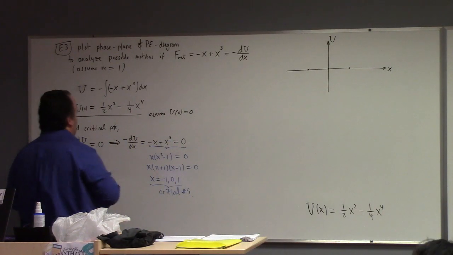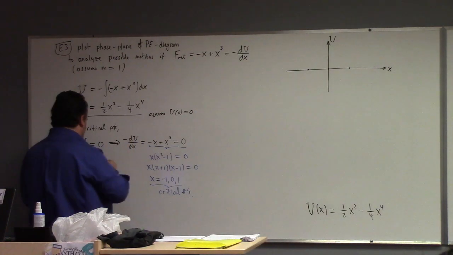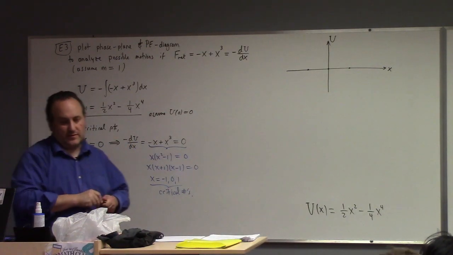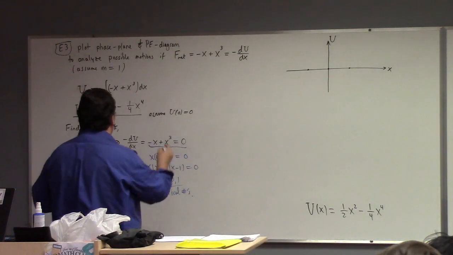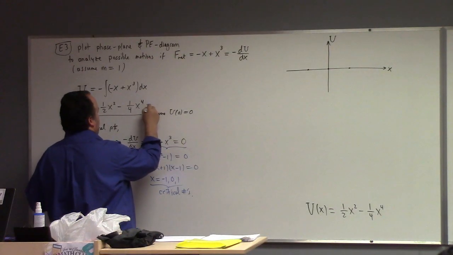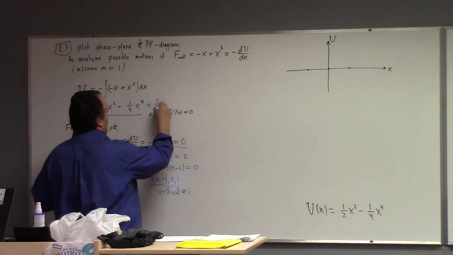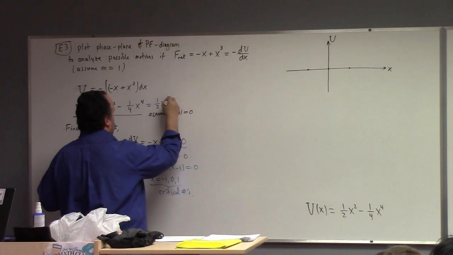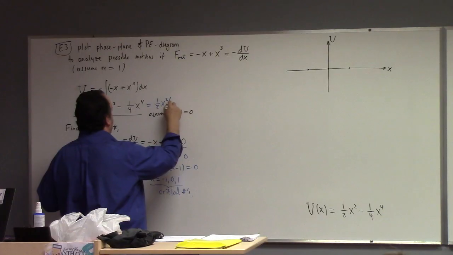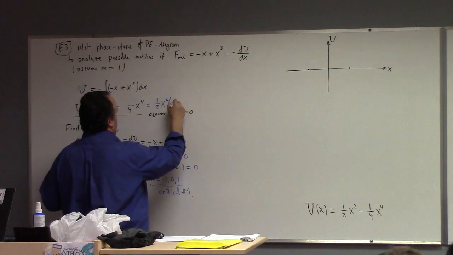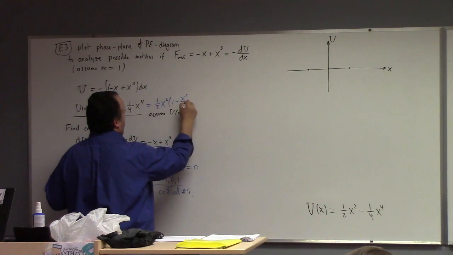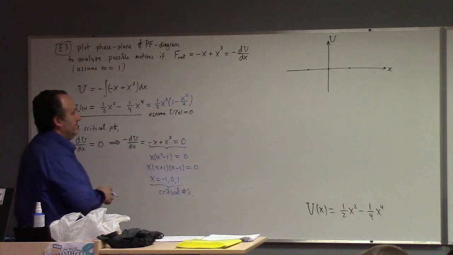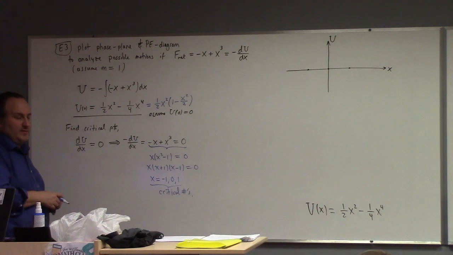For graphing u, though, it's also helpful to notice what u looks like. What is u? I can factor out a half here, right? And an x squared, and what am I left with? 1 minus x squared over 2. Is that right? Agree?